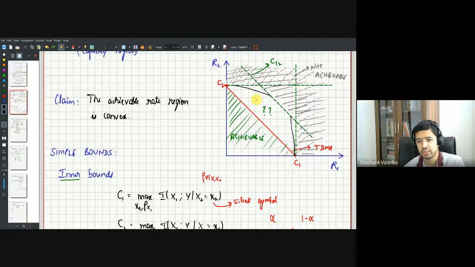So within this, we'll show that this region is achievable. The black region is achievable using something better, but there is some region in between the pentagon and this weird looking shape over here, which is not achievable.